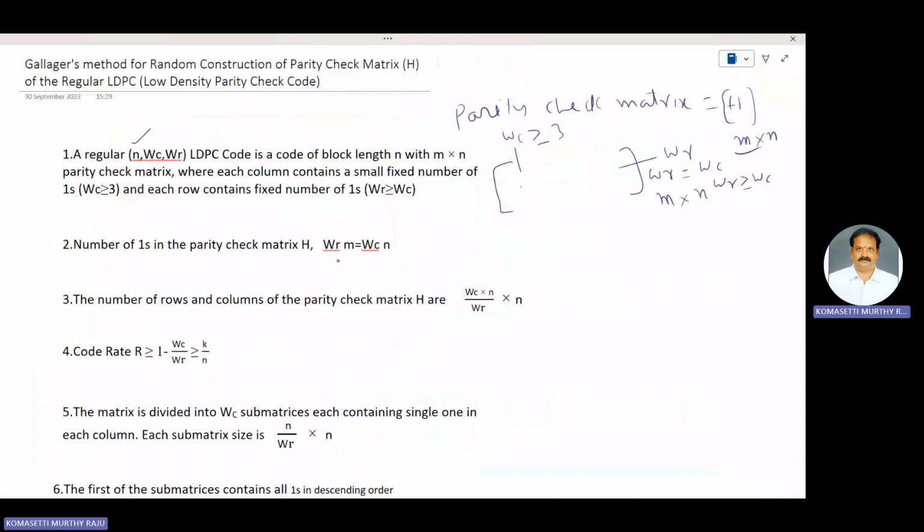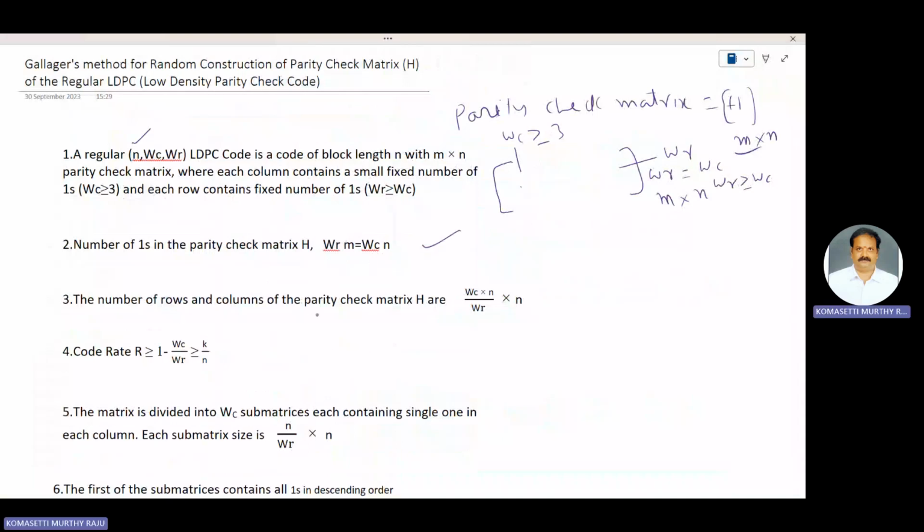Weight of the row into number of rows, or the number of parity checks, M represents the number of parity check equations, is equal to weight of the column into block length. This is the second point.